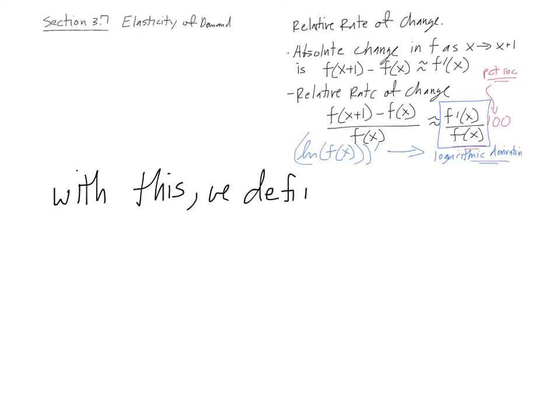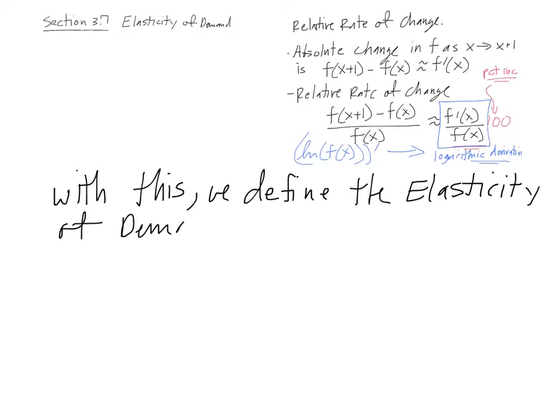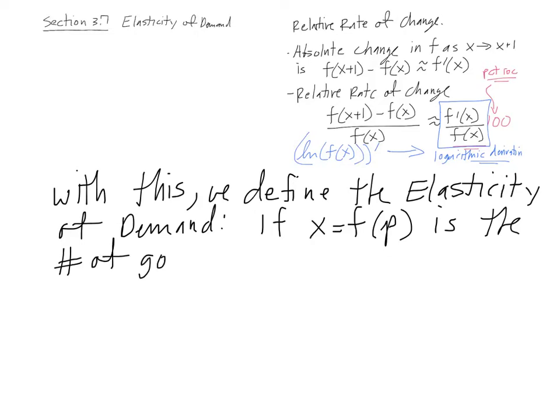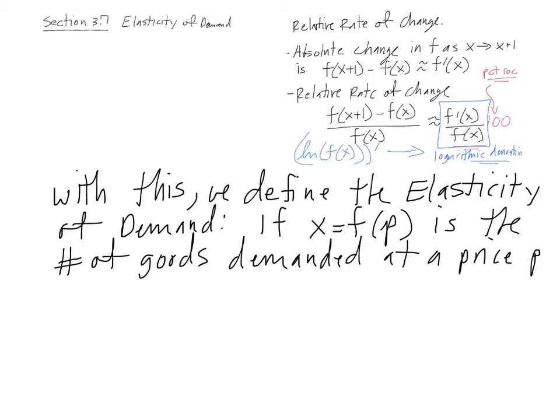If x is equal to f of p, the number of goods demanded at a price p, so x is the number of goods that people will buy and p is the price, and remember we have relationships basically like this, or maybe like this.